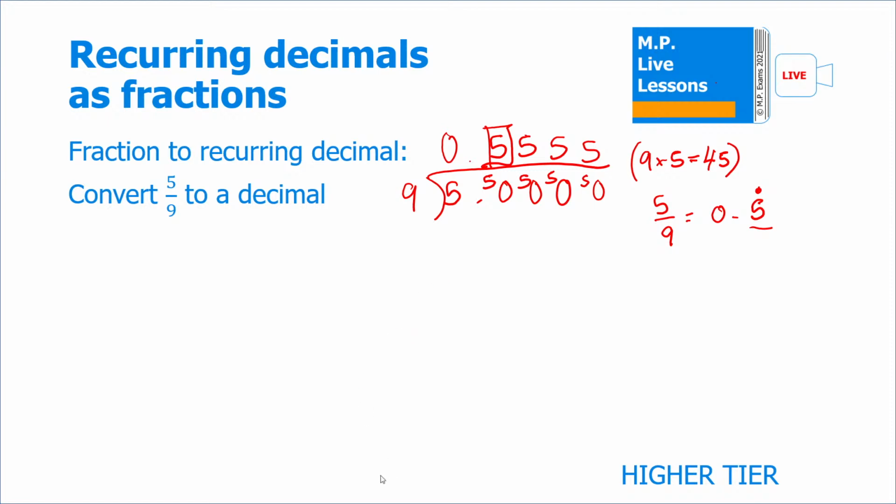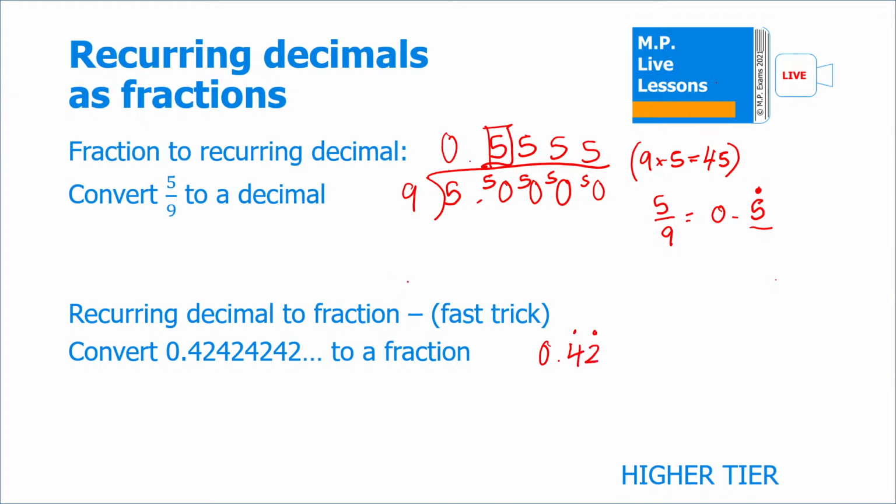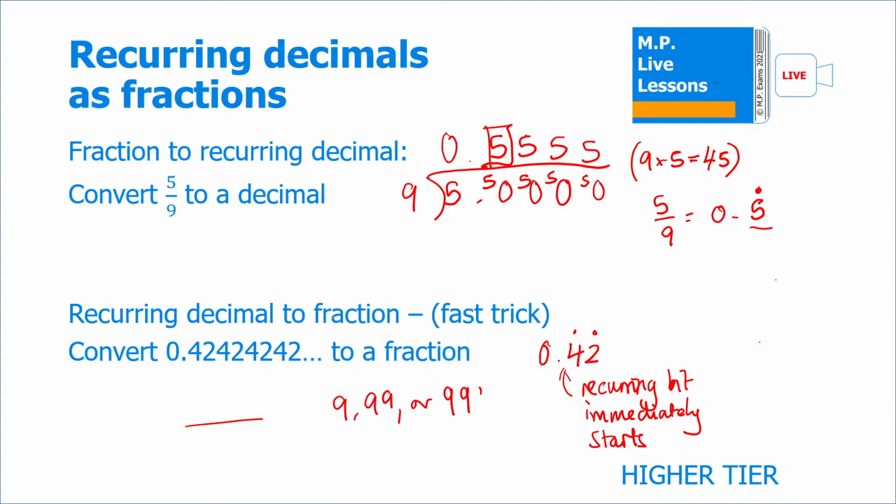Now, if you're converting recurring decimals back to a fraction, and if you have, let's say, something like this, 0.424242, which I'll write as 0.42 recurring like this. So basically, if the recurring bit immediately starts, what you do is to find a denominator. It'll be like 9, 99 or 999, so it depends on how many digits are in this recurring bit.